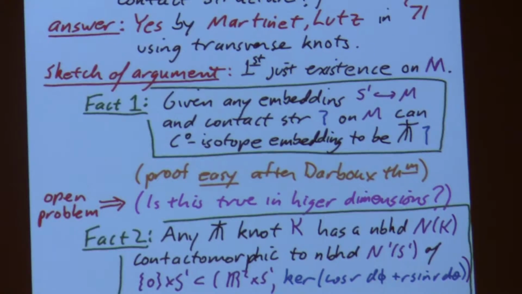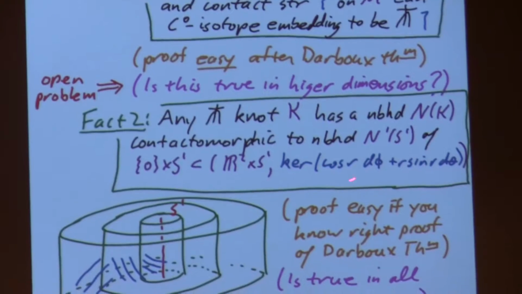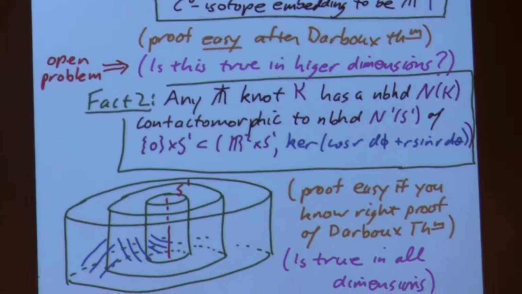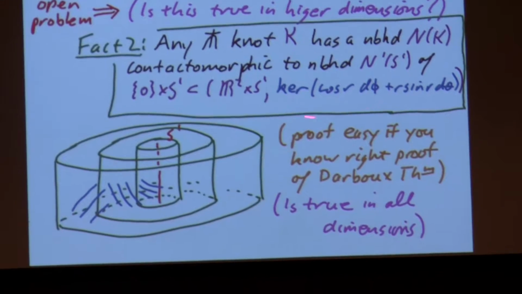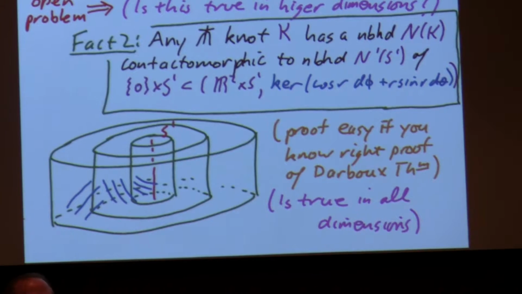OK, second fact. Any knot has a neighborhood that's contactomorphic to a standard model. So here's a standard model I want to use, S1 cross R2, with the kernel of this being your contact structure. Forget what that says. Let me just tell you what's going on here. So you've got your S1 cross R2.